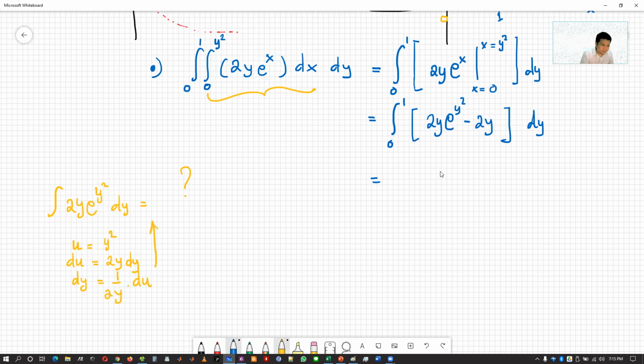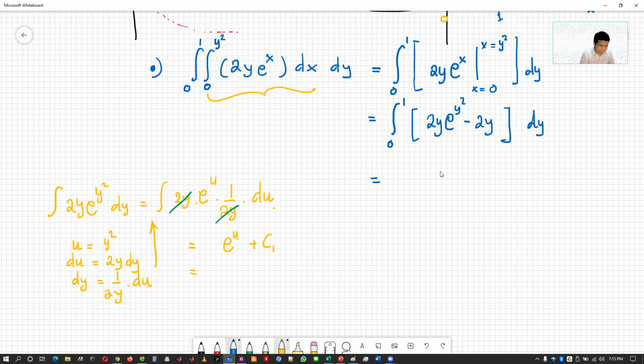I simply substitute it here. What do we get? This is 2y e to the power of u, and then dy I replace with 1 over 2y du, and then simply cancel it. What do we have? I just get e to the u plus c1.